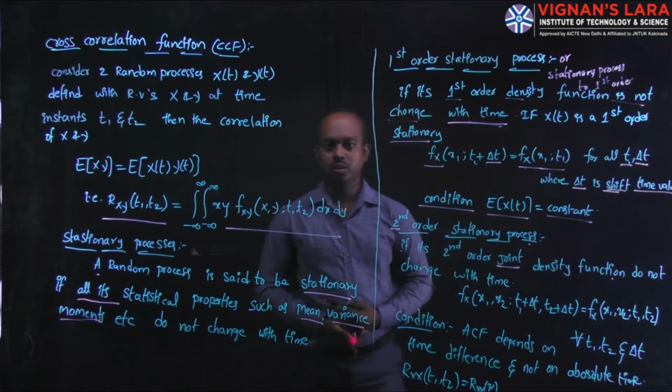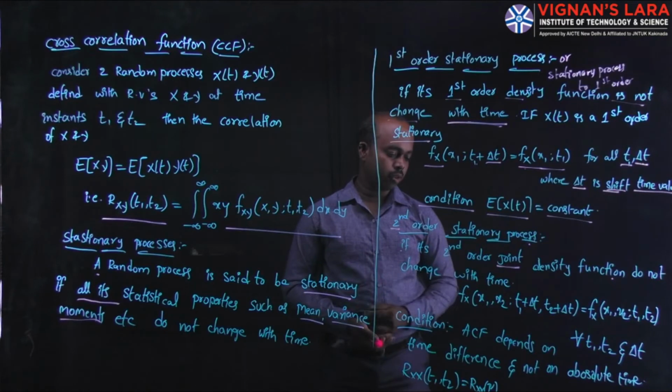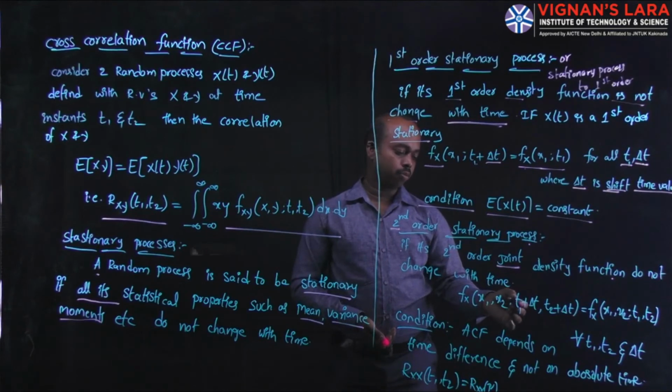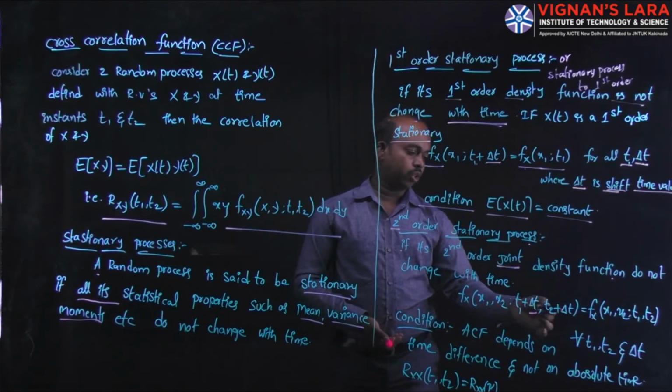The joint density function is fx of x1 comma x2 semicolon t1 plus delta t, where delta t is the shifting time for x1, comma t2 plus delta t, the shifting time for random variable x2.